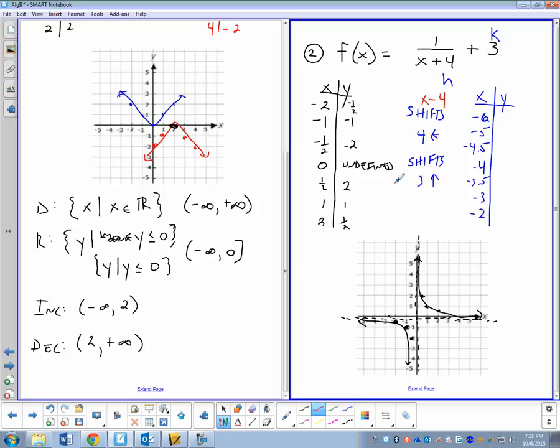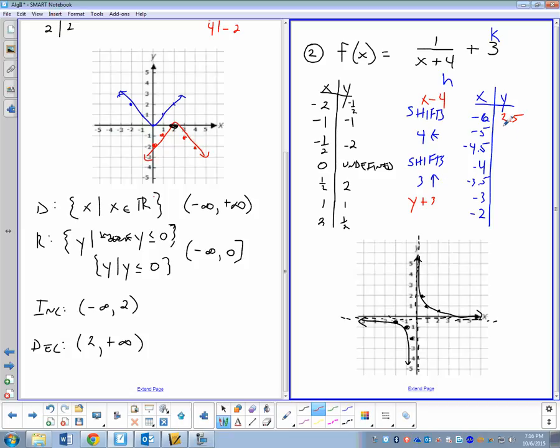All right, if I shift my graph 3 up, that changes my y values. If we're going up and down, that changes the y values of my function. Because I'm going up, does that mean each of these y values gets 3 bigger or 3 smaller? If I go up, that's 3 bigger. So I'm going to add 3 to each of these y values. Negative 1/2 plus 3 is 2.5.